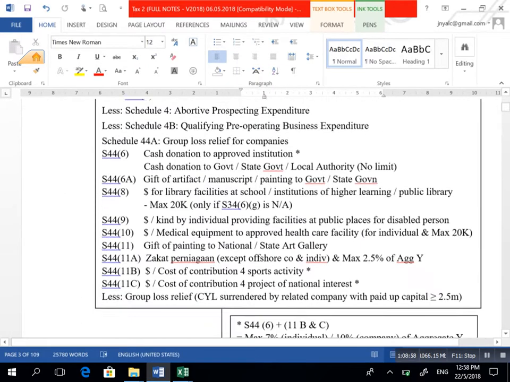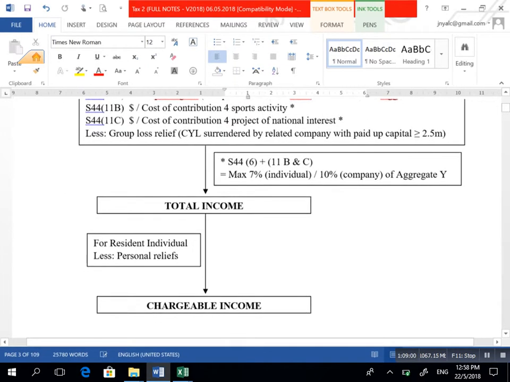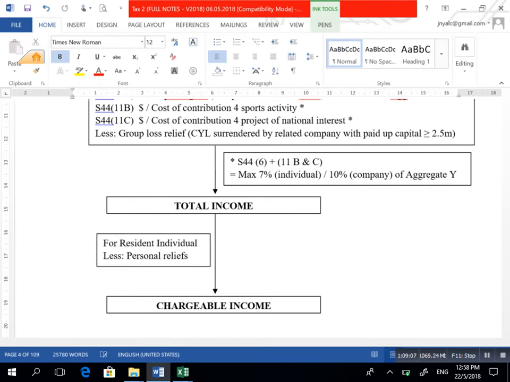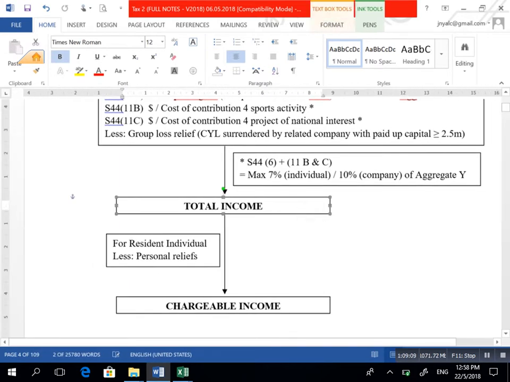You must calculate this total income. But of course, in your question 9, a lot of information is not given. Basically, it's only the adjusted income and the loss. So now they test you on how you utilize the losses. You get what I mean? So please go into this format. Calculate up to your total income for every year up to 2018. So now can you get the idea?